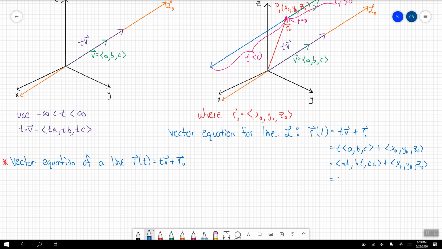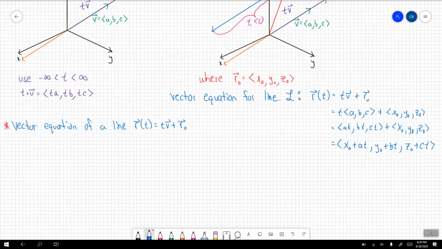So what I have to do at the end is just add these components. My vector equation of the line in component form will now be x naught plus a times t, then y naught plus b times t, then z naught plus c times t. Check that out. That is awesome.